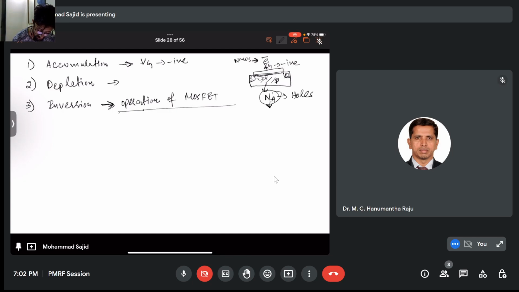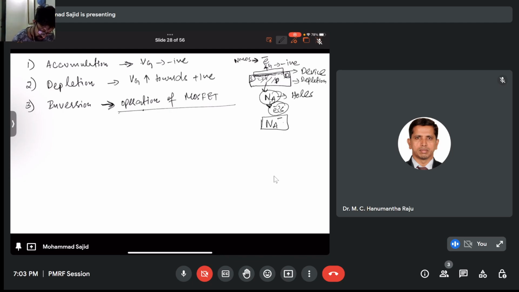They will catch some electrons and give a charge of Na negative at this region. Still, in this region as well, your device is not that much conducting. This is called as depletion. It happens when Vg is increased towards positive value. So we get Na negative values.